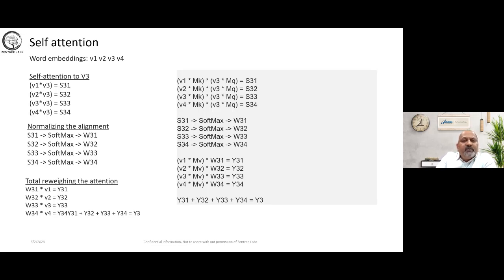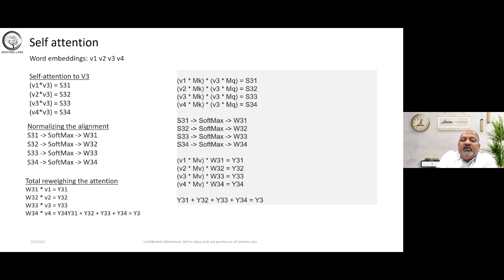So, to make it a learnable system, three matrices are defined here. One is called the query matrix, MQ, the MK is called the key matrix, and then you have MV, called the value matrix. Key, query, and value: these three matrices are introduced, and they are learnable.